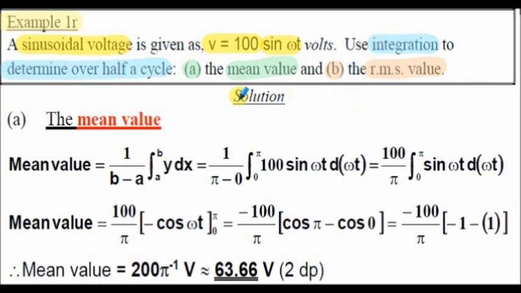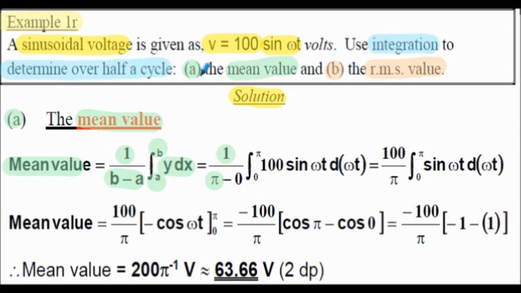So here's our solution for part A, the mean value. Here's the mean value formula from our previous slide, 1 upon b minus a, the integral of y dx between the limits of a and b. Inserting the values, that's 1 divided by, notice b is going to be pi here because it's half the cycle we're considering.